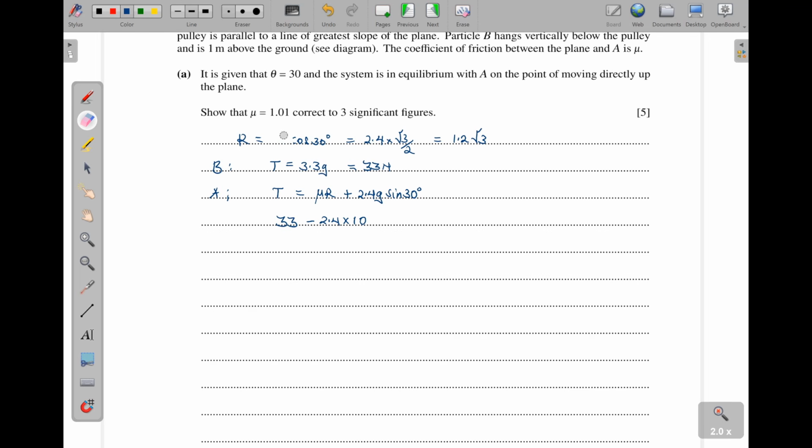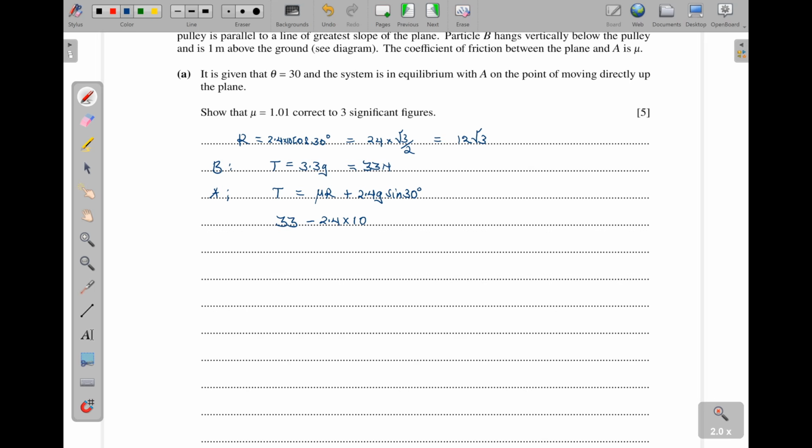2.4, because it is mg cosine, the R. 2.4 times 10, cosine. So this is therefore 24 here. I'll have 24, and then this will give us a 12 here. That will be 12 root of 3.